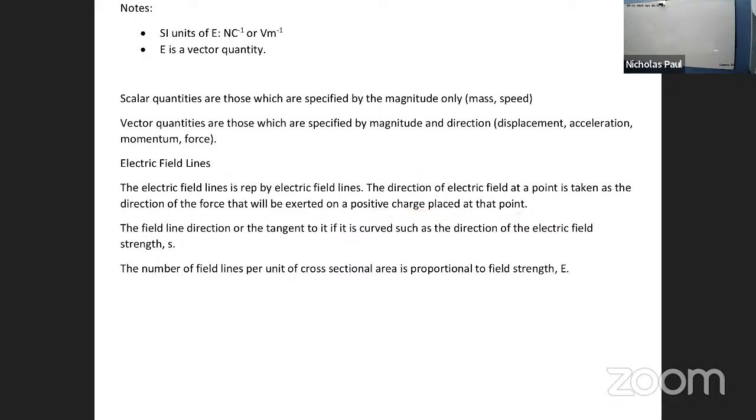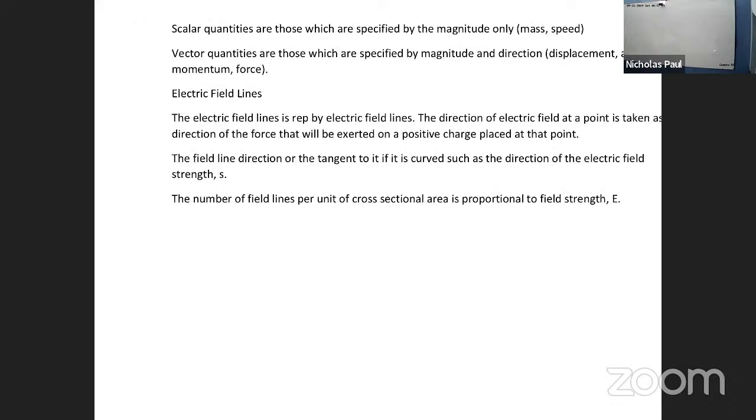The field line direction is the tangent to it, if it is curved. So if it's a curve, at that particular point you draw a tangent and that's the direction. If it's a straight line, you know the direction of the field.